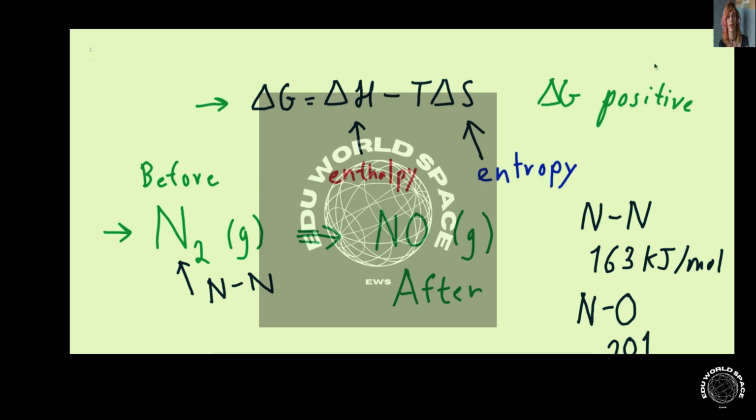We're considering NO as an example, but there are other oxides such as NF and NBr, nitrogen bromine. It's 201 kilojoules per mole.